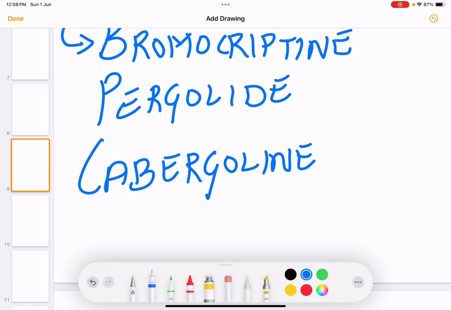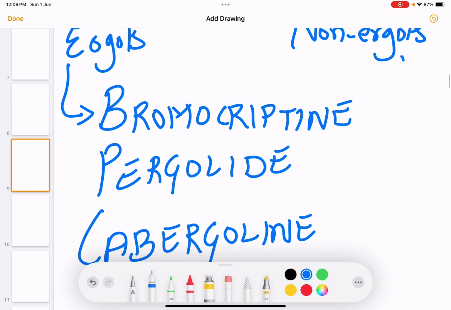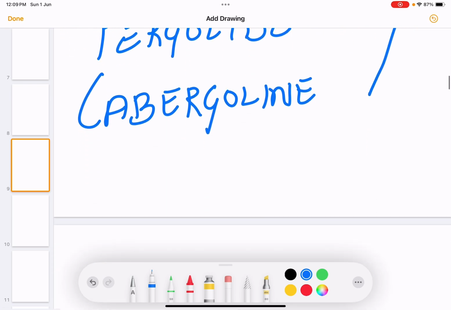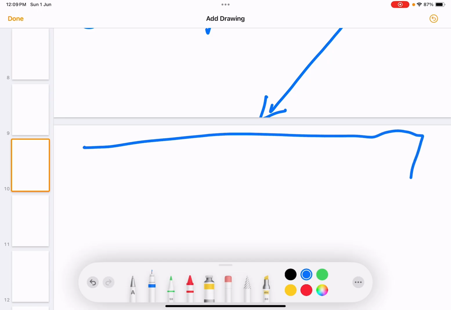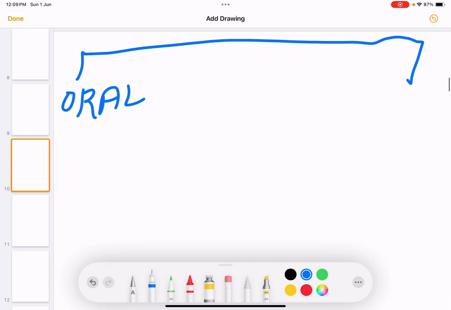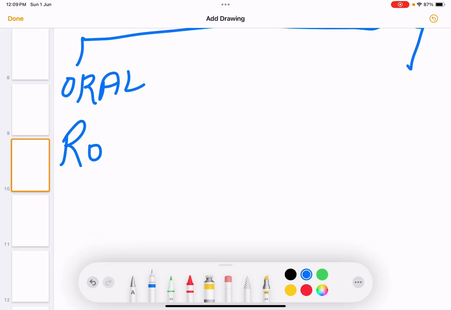We'll discuss this later. Now non-ergots, they are used commonly and they can be divided into three categories. First is oral. In oral we have ropinirole and pramipexole.